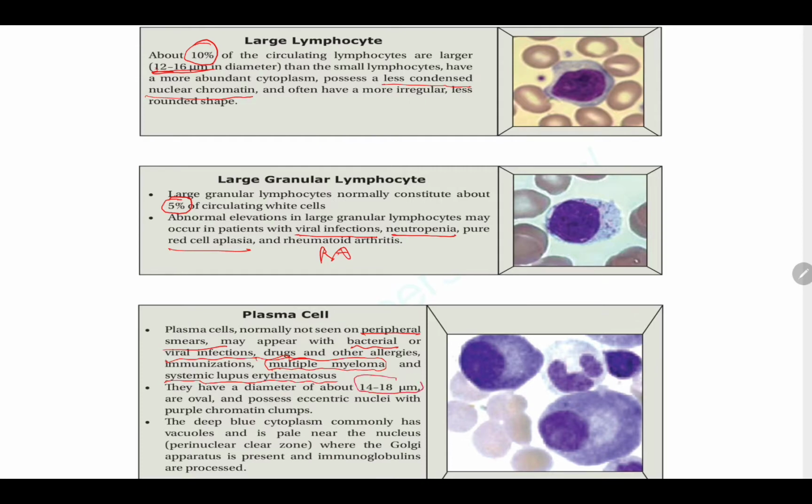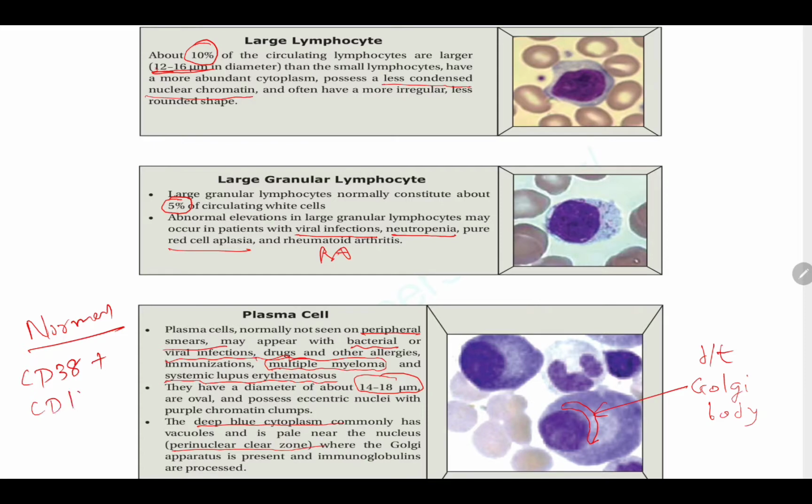The diameter is larger, between 14 to 18 micrometer, with deep blue cytoplasm and a perinuclear clear zone. This perinuclear clear zone is due to the Golgi body.